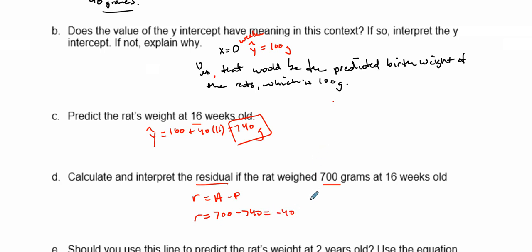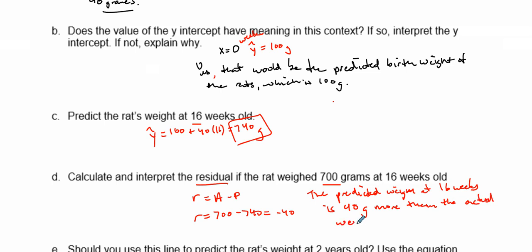So what do we know? Well, the predicted weight at 16 weeks is 40 grams more than the actual weight at 16 weeks.